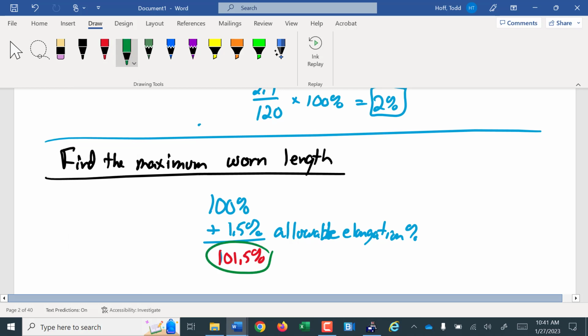In practice, we're going to convert that. Yes, you're exactly right. We're going to convert that to a rate, or a decimal form of a percent. So 101.5% as a decimal becomes 1.015. All we're doing is dividing by 100.